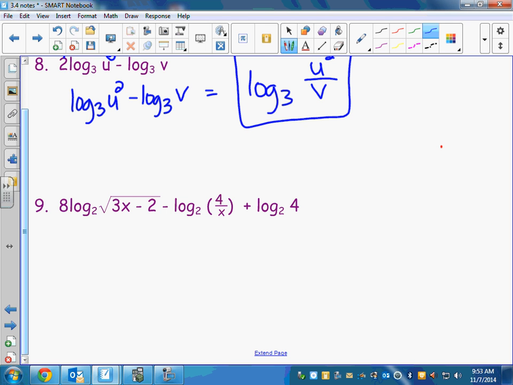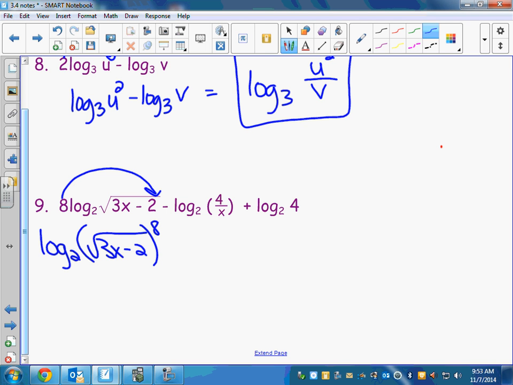Okay. You want to do it? First of all, this 8 I could put up here as a power, yes? Yeah. So I could write this as log base 2 of the square root of 3x minus 2 to the 8th power. Could I simplify that before I even go on?